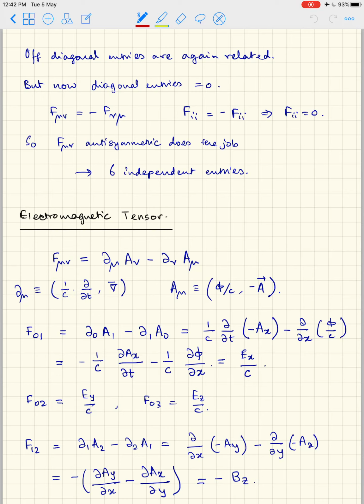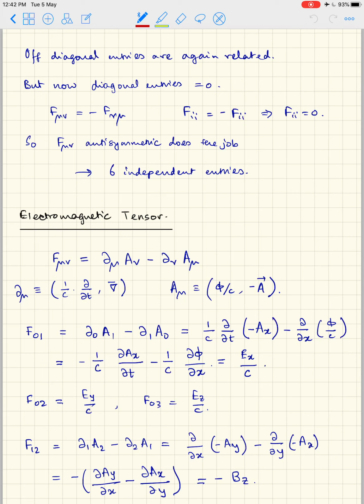Now, what is F mu nu? How do we actually get to F mu nu? Since we had defined A mu, the answer should obviously involve A mu. The other thing that we saw earlier is that the electric and magnetic fields were written in terms of some derivatives acting on A mu.